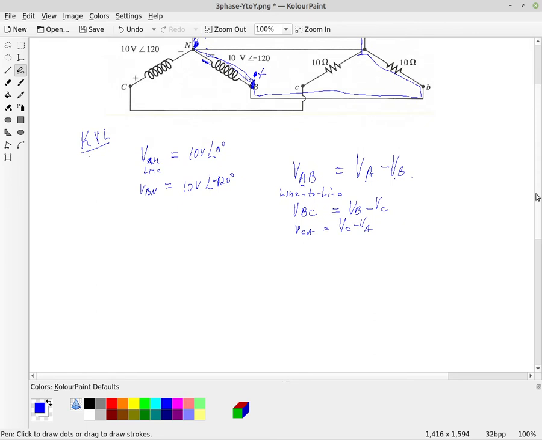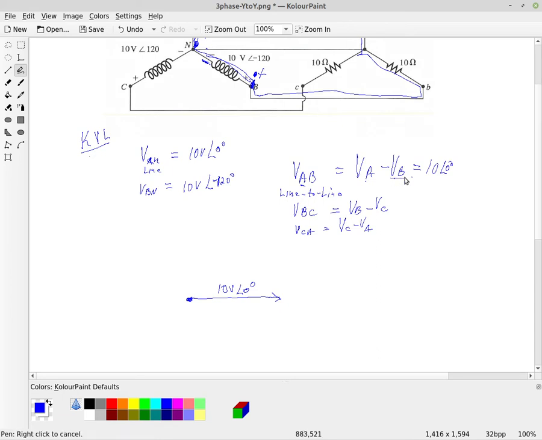So if we draw the phasors, right, VA is going out this way, which is 10 volts at an angle of 0 degrees, so I'll write that up here, 10 volts at an angle of 0 degrees.